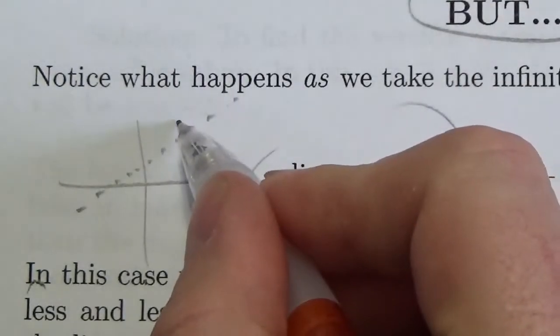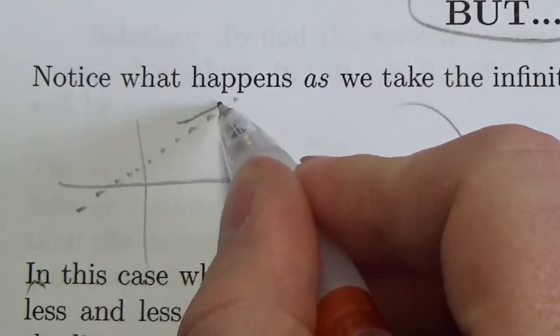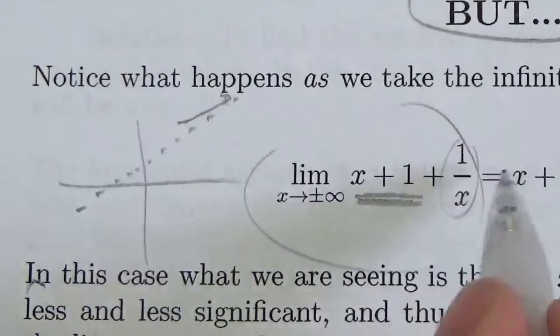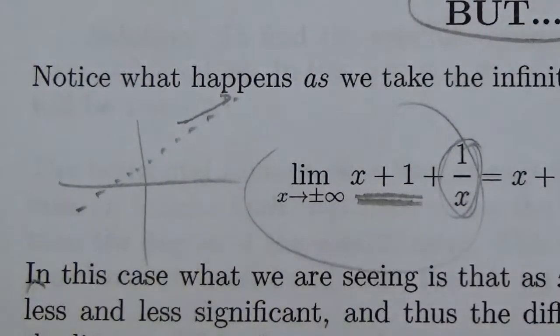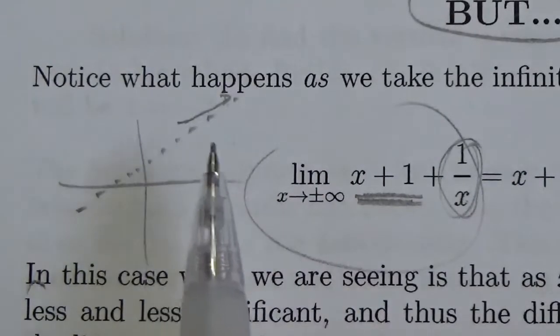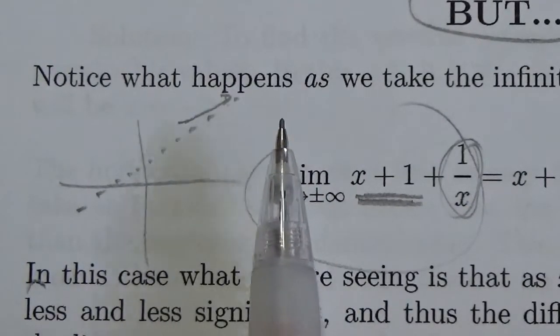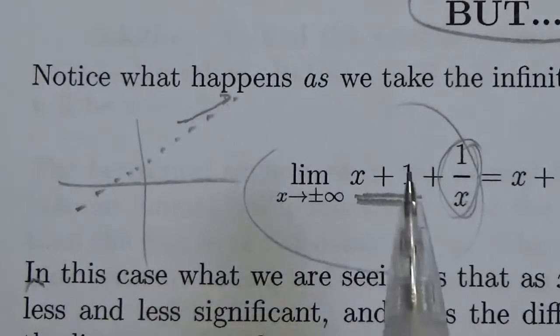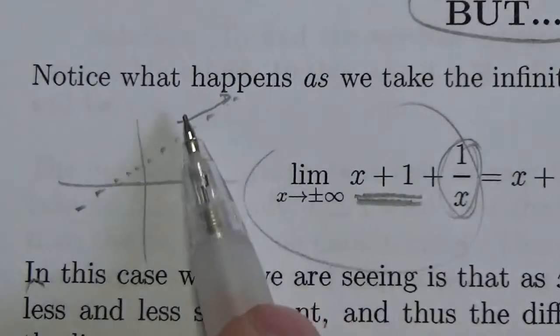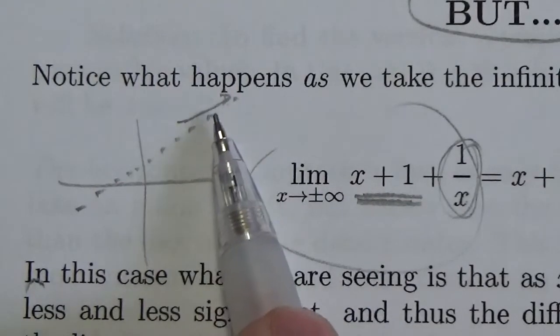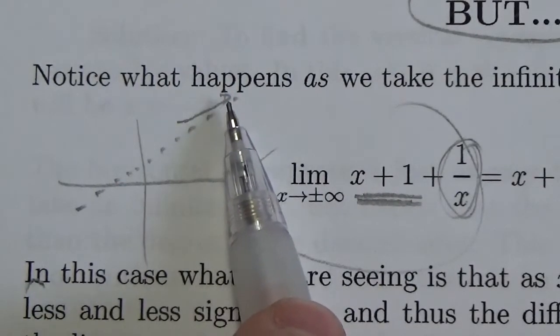So it's basically getting closer and closer and closer to this dotted line here. But this piece here gets smaller and smaller and smaller as x gets larger and larger and larger.